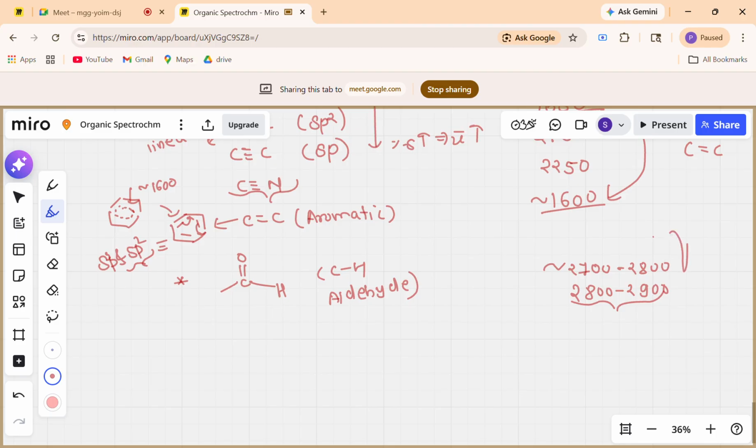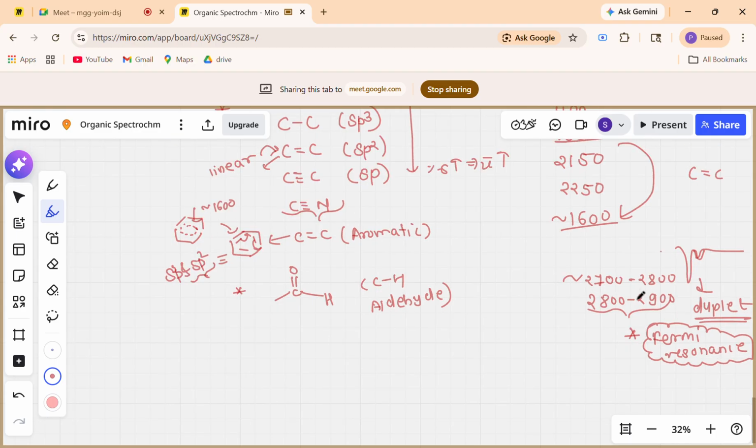2700 to 2800, or 2800 to 2900. So basically, in that range of frequency, between 2700 to 2900, you will observe the characteristic doublet. What it is we will discuss, and that corresponding process is called the Fermi resonance process.